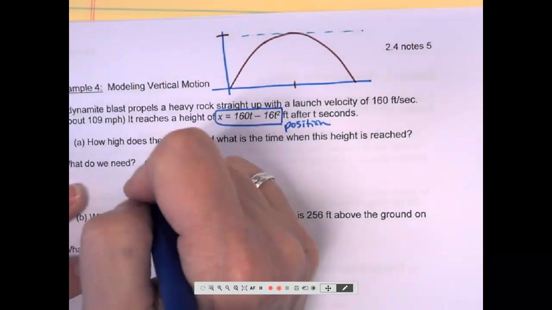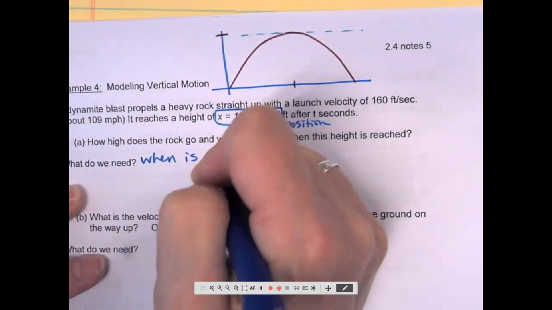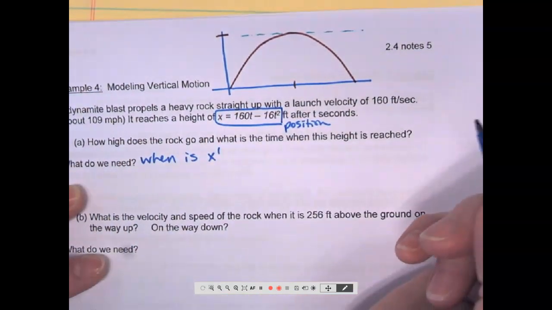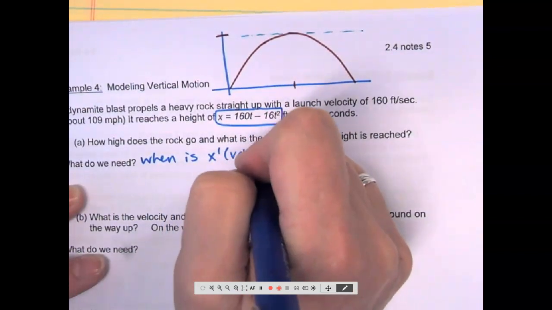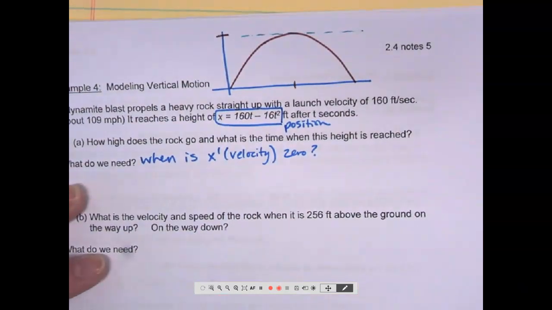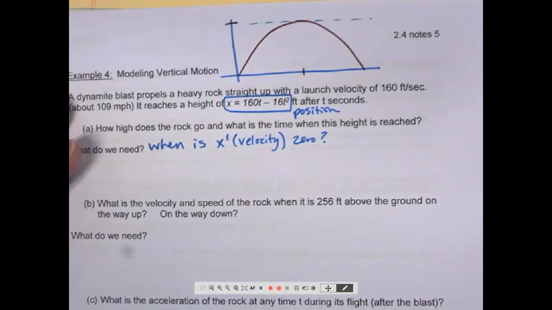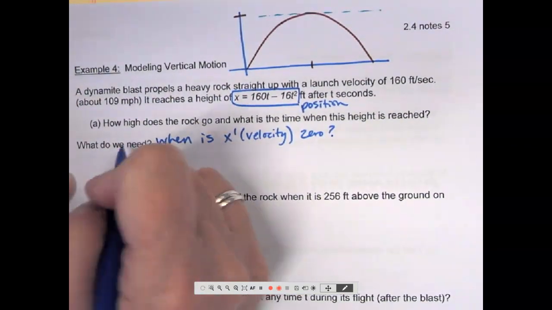So I want to figure out when velocity, which is x prime, is 0. And then once I know the time, I can find the height by plugging it into the original equation. Okay, so I'm going to take my derivative.